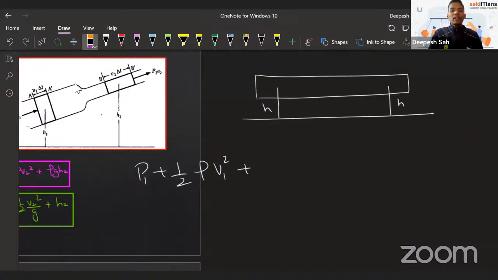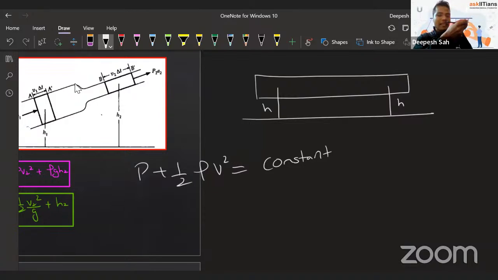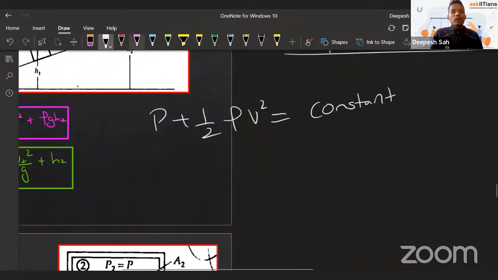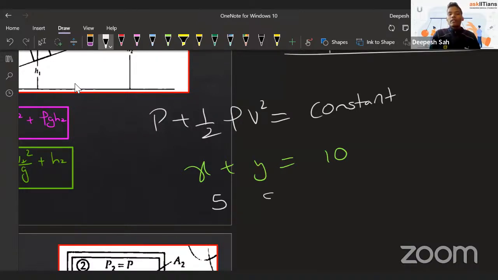So the remaining two things, P and V, that is pressure energy and kinetic energy, will be a constant. Now, if this is a constant and one thing increases, the second needs to decrease. It's a very simple thing. It's like if you have the sum x plus y equals 10. If x is 5 and y is 5, they equal 10.